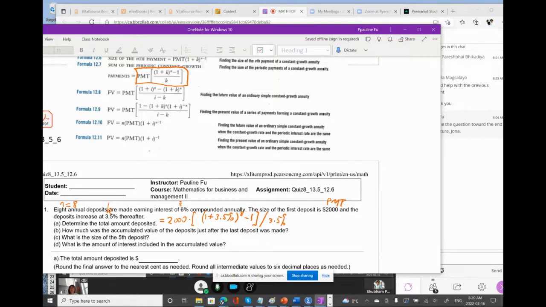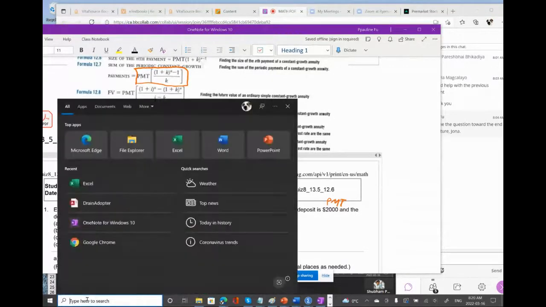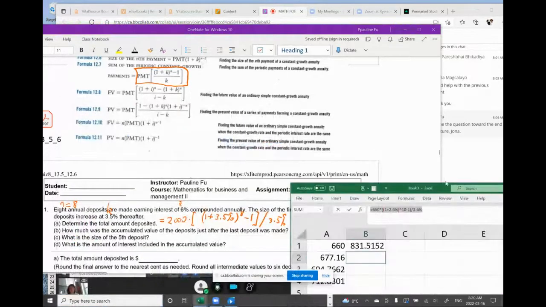Okay, that is the formula. Okay. Total amount deposited. So now I can use Excel to facilitate the calculation. So I will delete all of the previous numbers.